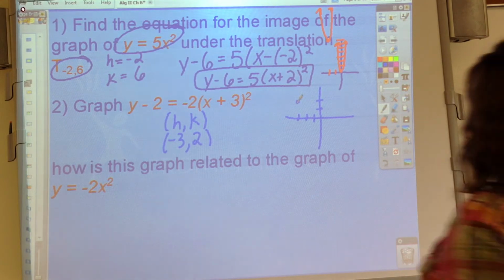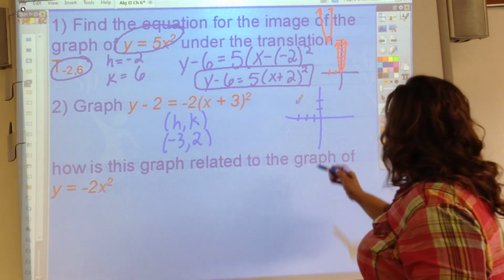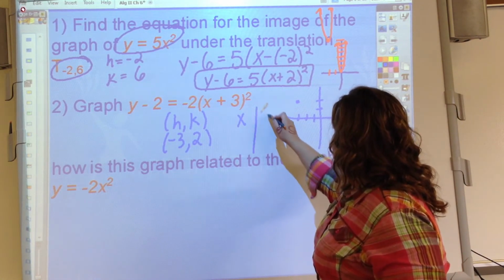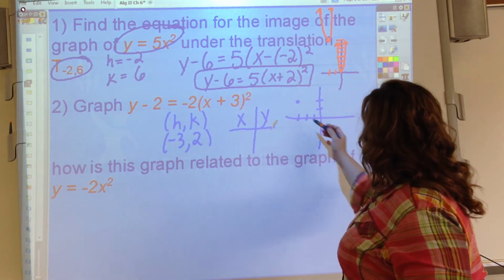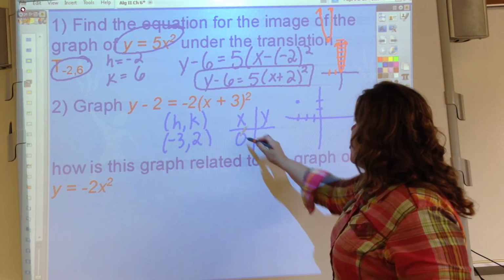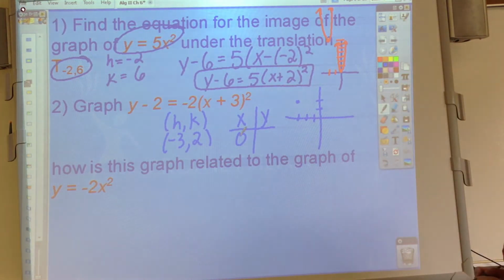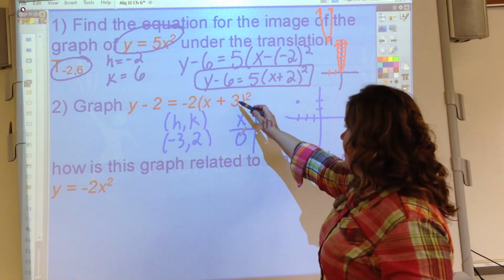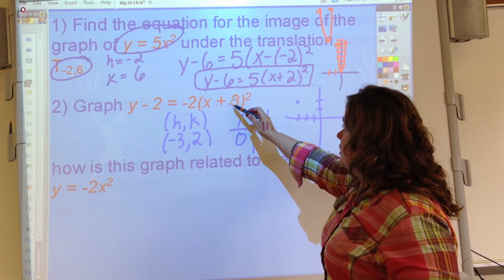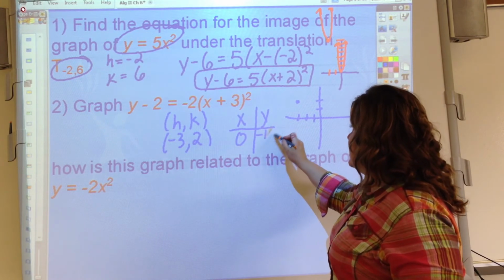And let's just go ahead and plot a few points. If my x value is, let's say, 0, my corresponding y value is going to be all the way at 3 squared is 9, times -2 is -18.